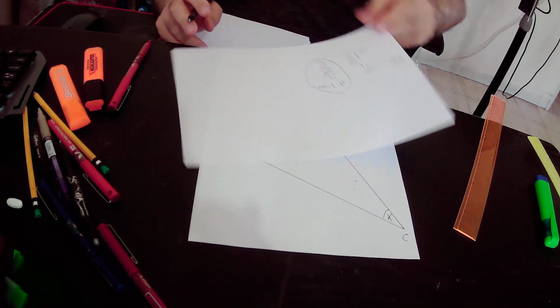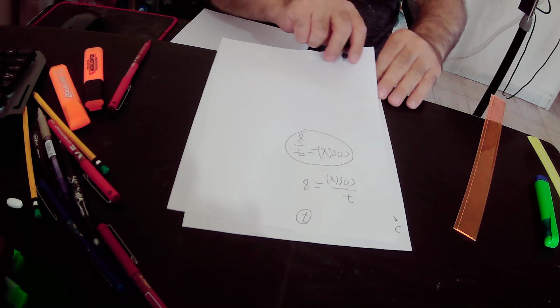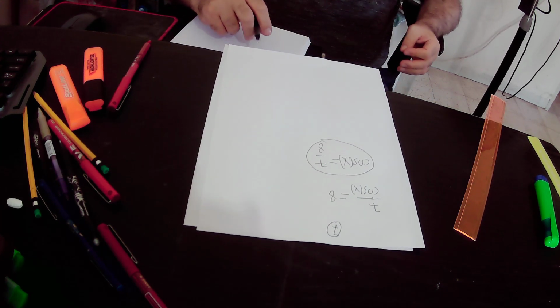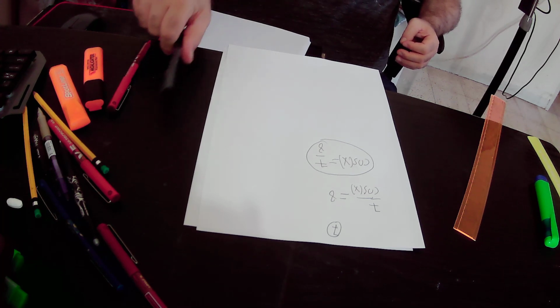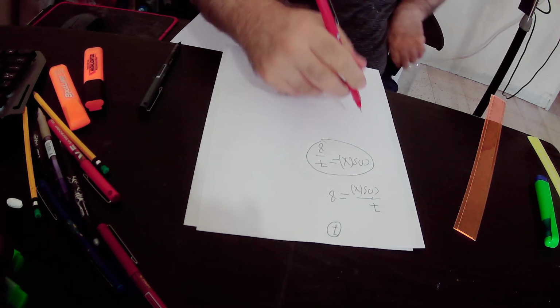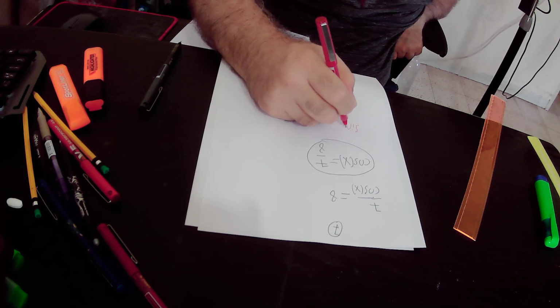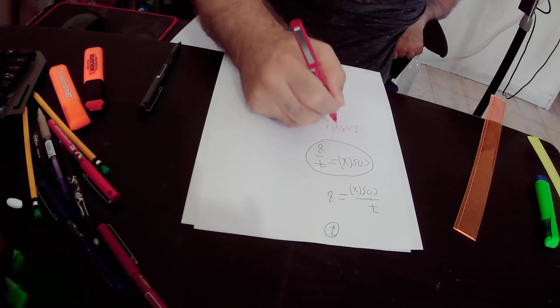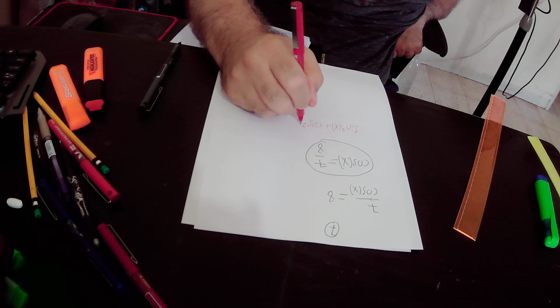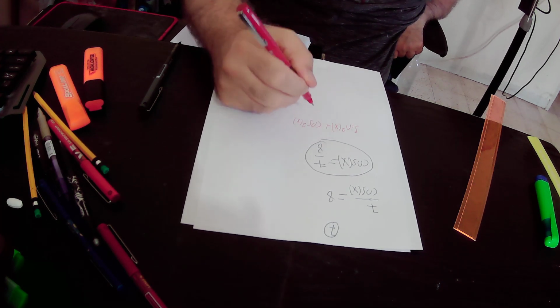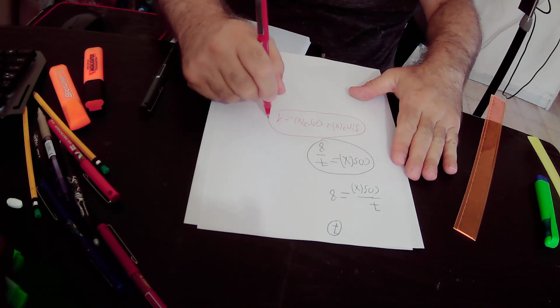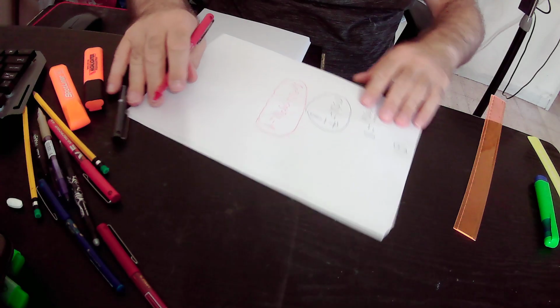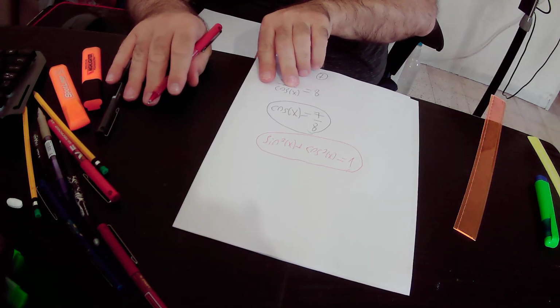So in the next step, I will present to you a trigonometric identity, and from the trigonometric identity we will find out the value of sine x. So the trigonometric identity is that sine square x plus cosine square x equals 1.